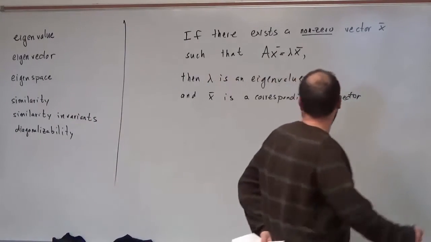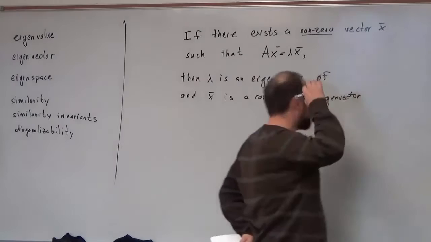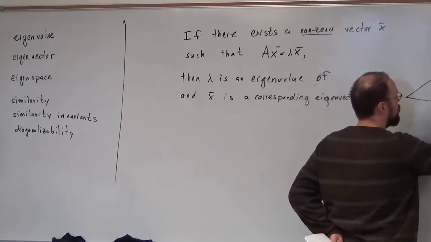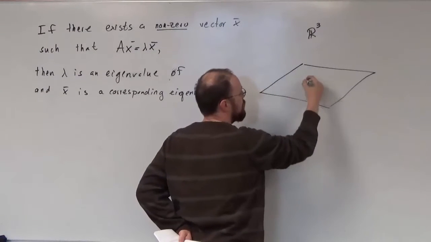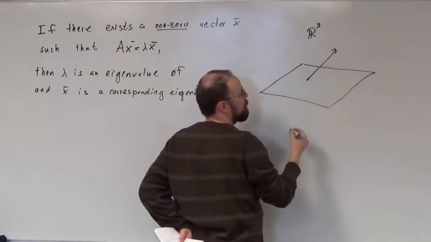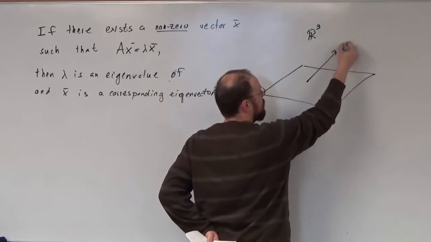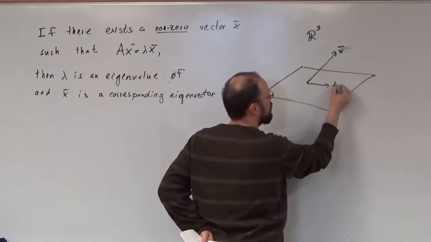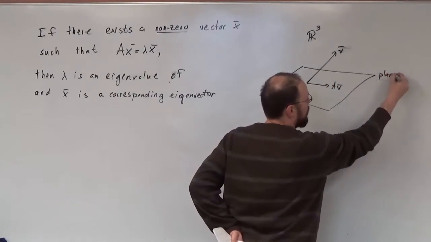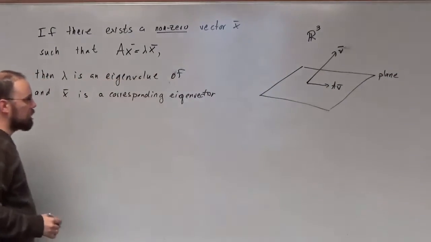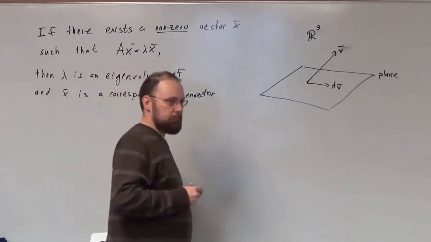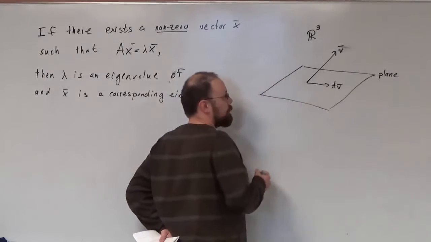And geometrically, what does this mean? How do you interpret this? Well, suppose you're in R3, correct? And you have a transformation, say a projection matrix, which takes vectors and projects them onto the plane, some sort of subspace here. What would you expect the eigenvalues of this transformation to be? Well, consider two cases.